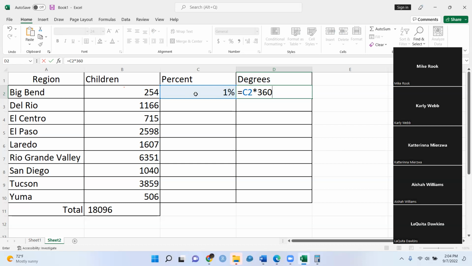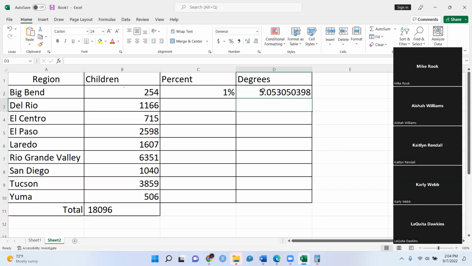So when I do C2 times 360, it's not doing 1 times 360, which is 360. It's doing 0.01, whatever, times it, and it's getting this many degrees. So that little sector in the pie chart will be 5 degrees.